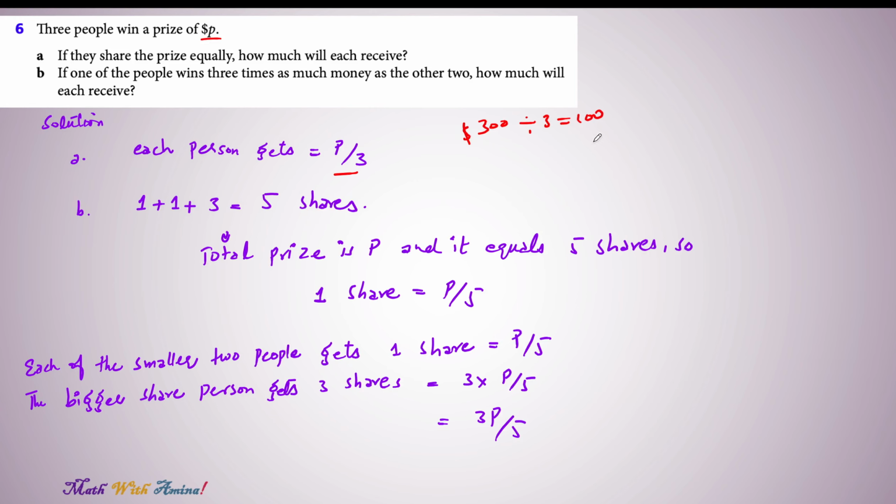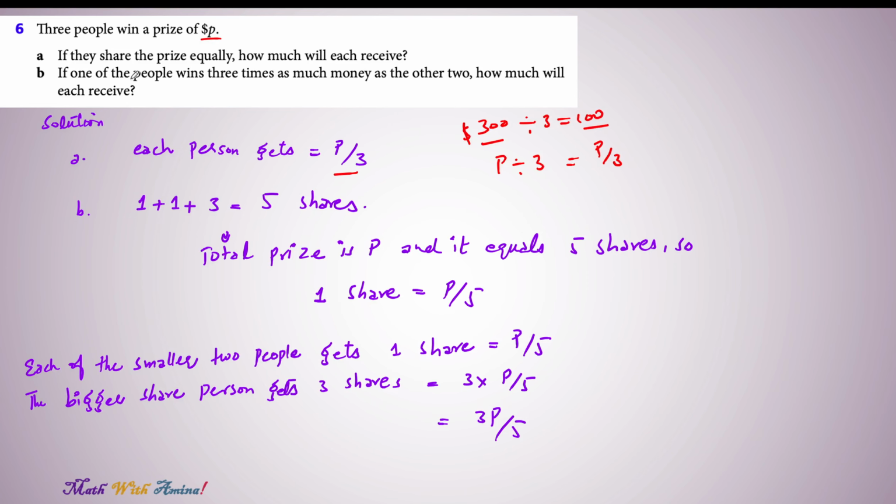So since we don't know the actual price, we replace 300 with P. Therefore, instead of saying 300 divided by 3, we say it is P divided by 3, which is equal to P by 3. Since we don't have the values given, this is what the equation becomes. Each person gets P by 3.